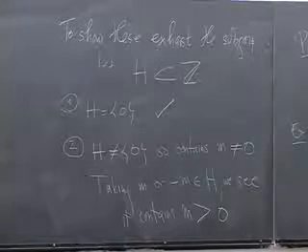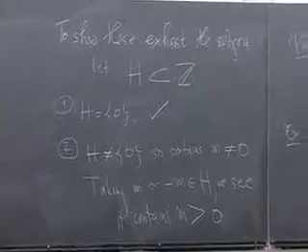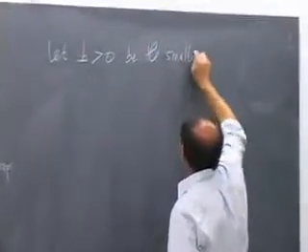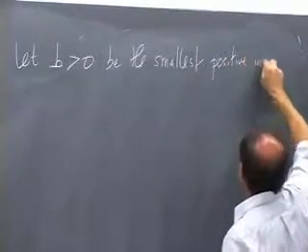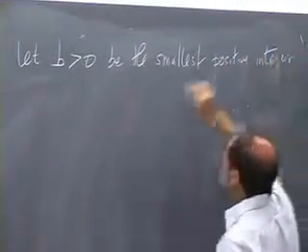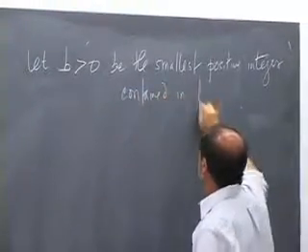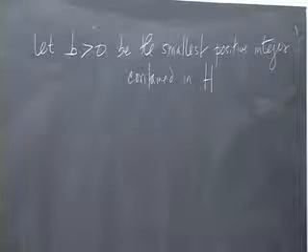And then the trick of the Euclidean algorithm is to let b, with b greater than 0, be the smallest positive integer contained in H. So since it contains positive integers, it contains the smallest one.